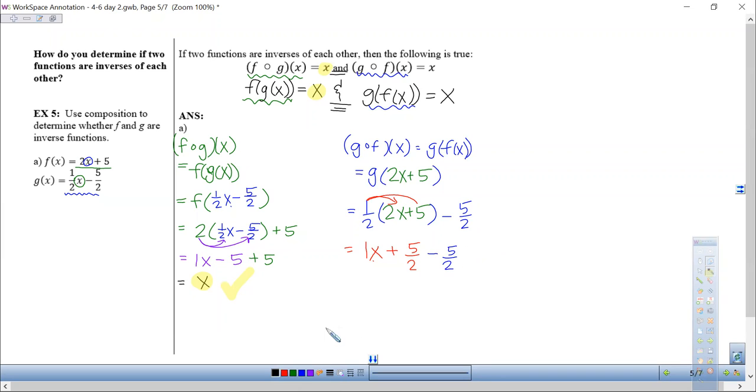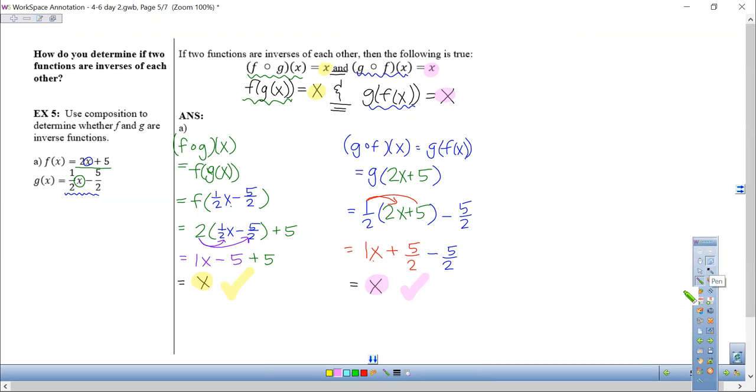Notice that if we combine like terms, 1x plus 5/2 minus 5/2 cancels out, it's just x. So I got x for g of f of x, which is what I was supposed to do.